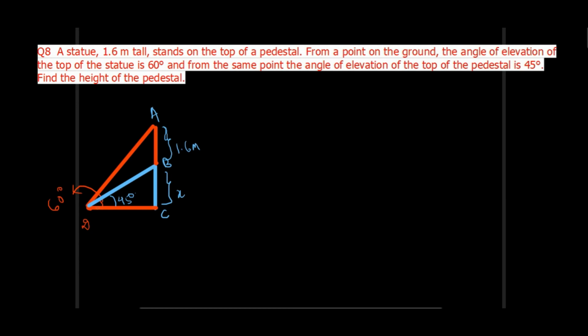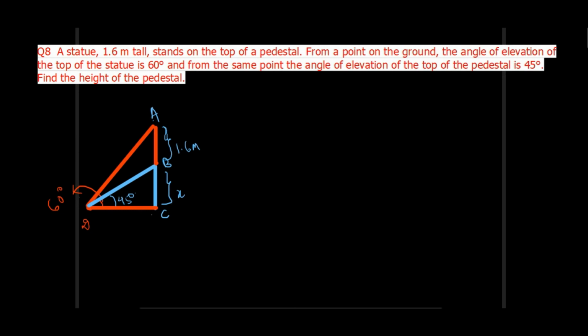We are given the angle of elevation from some point on the ground D, to the top of the statue, that means angle ADC is given to be 60 degrees, and the angle of elevation from the same point D to the top of the pedestal, that means angle BDC, is given to be 45 degrees. From all this information we need to find BC.